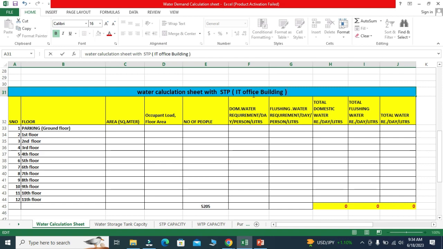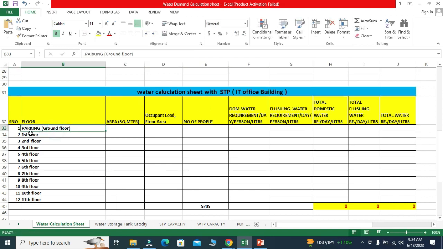This is a 12-story building. Here we have entered the parking floor, which is at the ground floor. Then first, second, third, fourth, fifth, sixth, seventh, 8, 9, 10, 11, so up to the 11th floor. Here we have entered them.